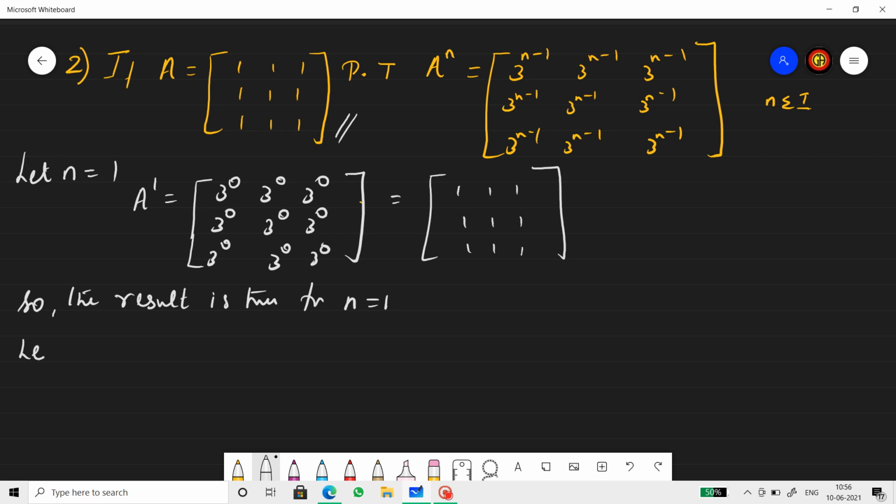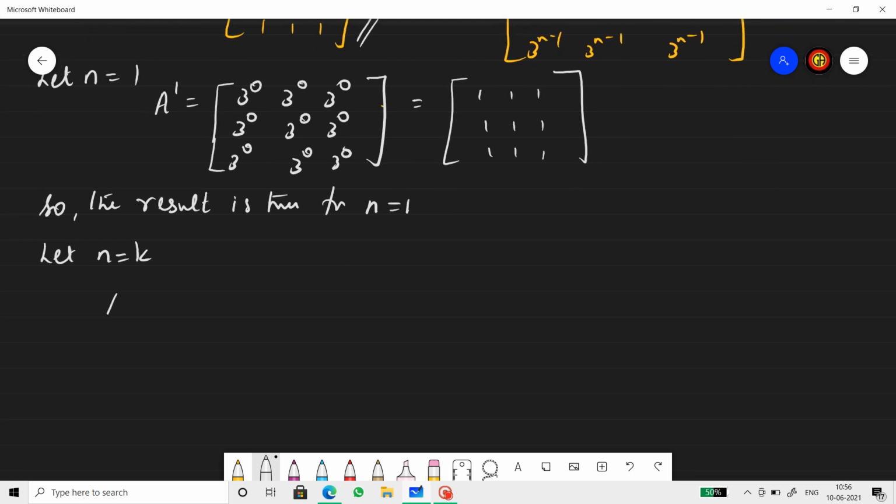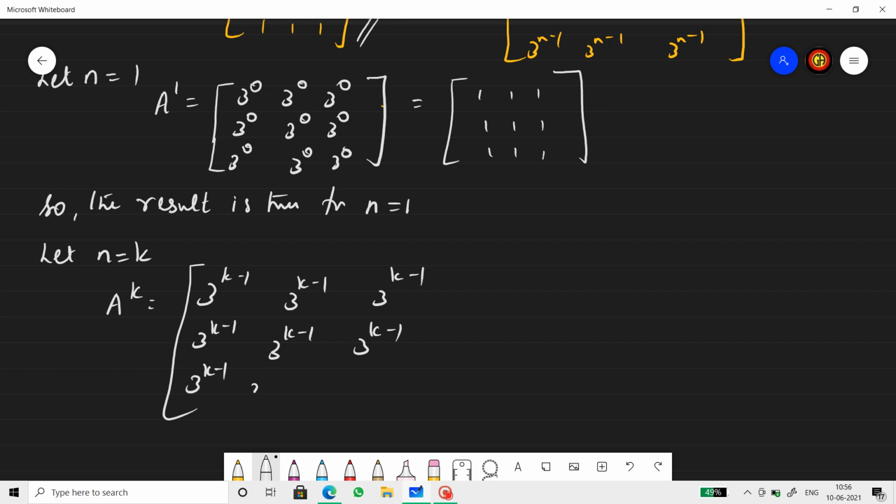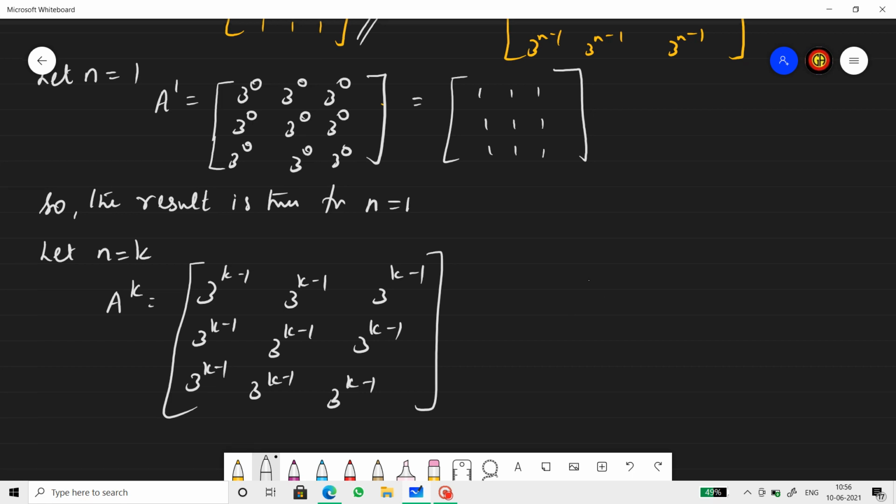Now let's take n equals k. N equals k. We get A power k equals 3 to the power of k minus 1, everywhere the same term. So this is A to the power k matrix.